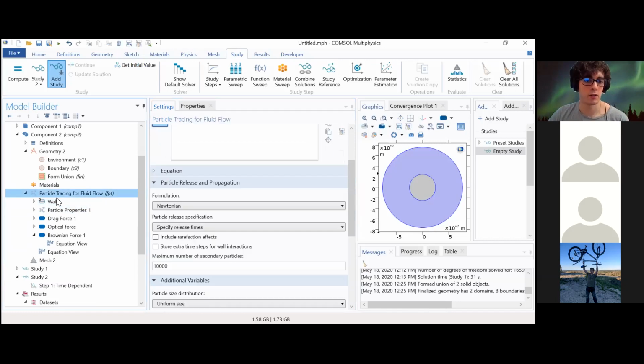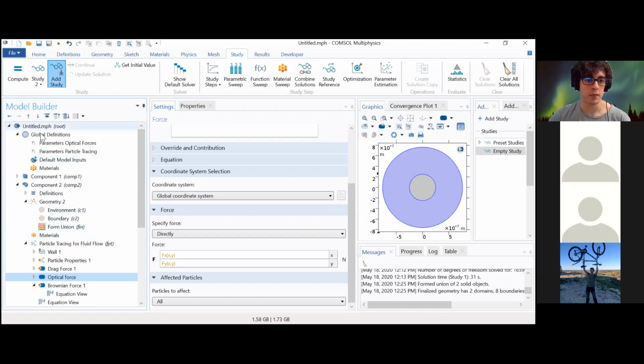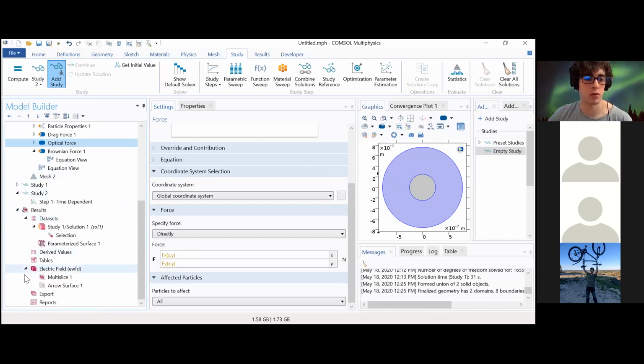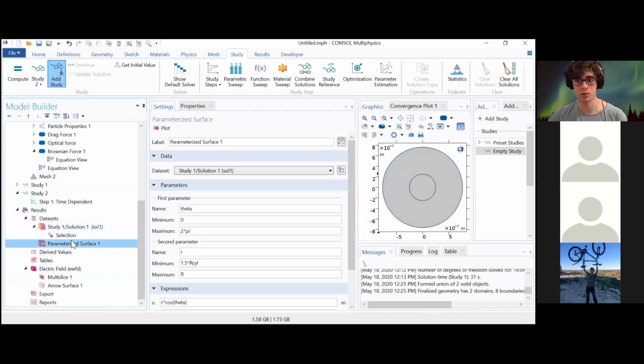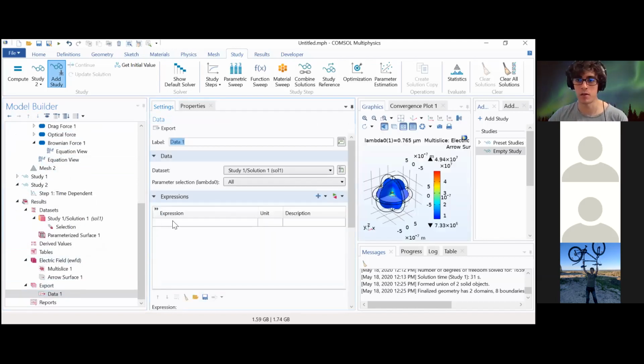Now, finally, what happens with the optical force? How can we actually extract it from the previous domain, which is the most interesting part? So a way to do it is in the previous results from the previous calculation, we go to export, and we will export the data as a text file, and then we will import it again as an interpolation that we will use for the second physics.